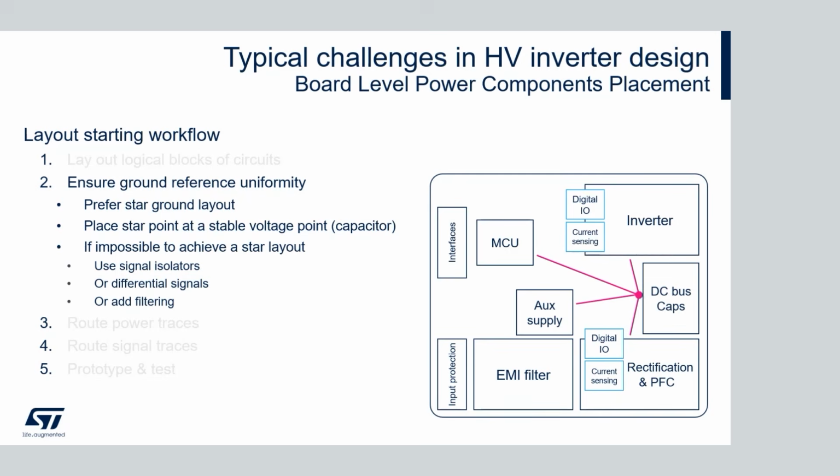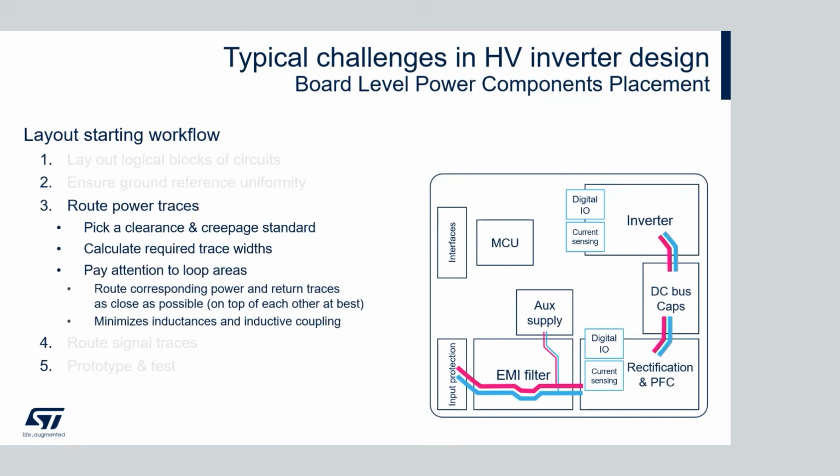Next, since we still have all the maneuvering room on the PCB, we can focus on the power traces, because these are likely to be the most aggressive noise sources. So let's optimize them first while we still have the maneuvering space. To do this, we can route the positive and the negative tracks as close as possible to each other, to minimize the loop inductances.